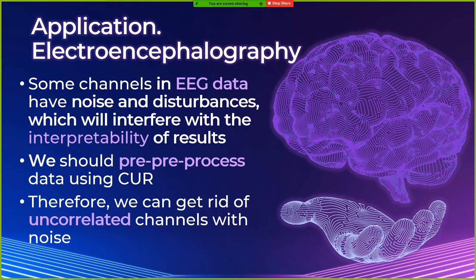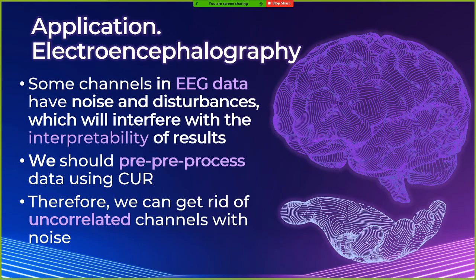As for the applications of this decomposition, one would be electroencephalography. Spatial filters lack the ability to discard the data, so they will perceive noise in an absolutely empty channel as a brain signal.